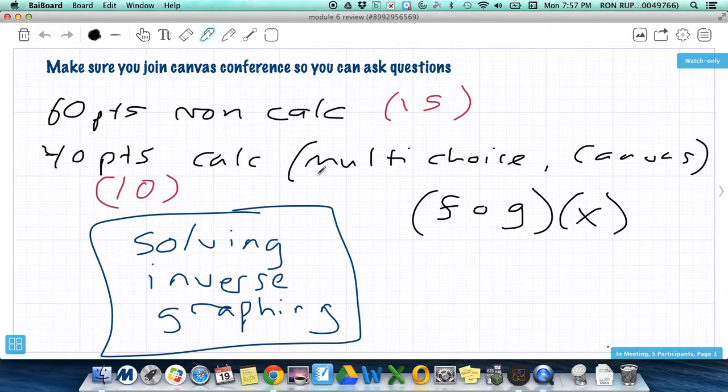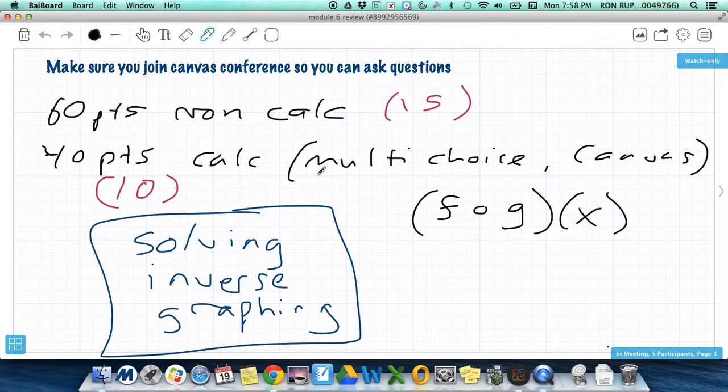What that means is you are going to take negative 2 and plug it into the f function, and then take that answer and plug it into the g function. So for this example, we would say negative 2 plus 3 equals 1, and then we would take that 1 and plug it in for x there. And so we would get 1 squared minus 1. 1 minus 1 equals 0. So g composed of f of negative 2 would be 0.